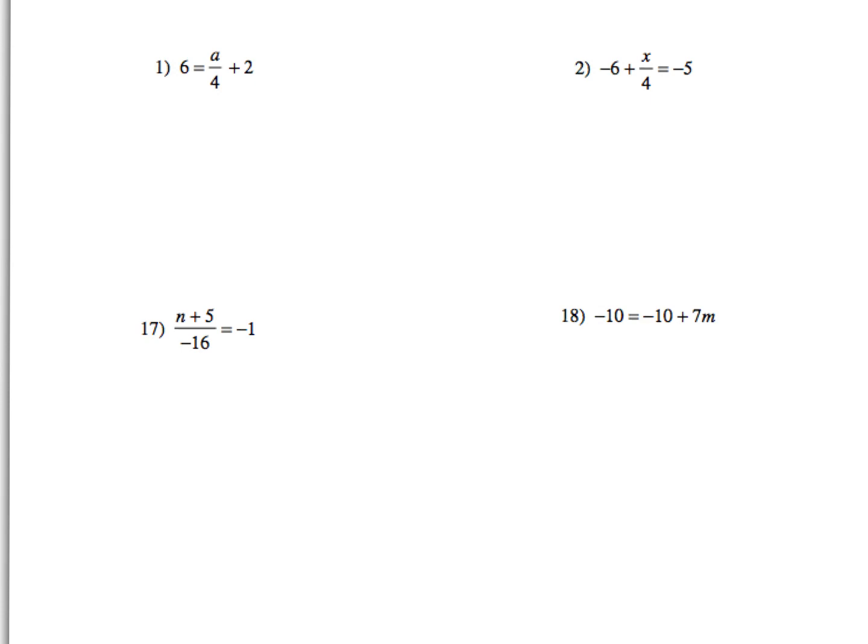Okay. Next ones that we are going to do are, we're going to skip that one, and we're going to skip this one. So, on number 1, we see 6 equals a divided by 4 plus 2. So, to get rid of that 4 right here, we need to, of course, times it by 4, the opposite operation, inverse operation.